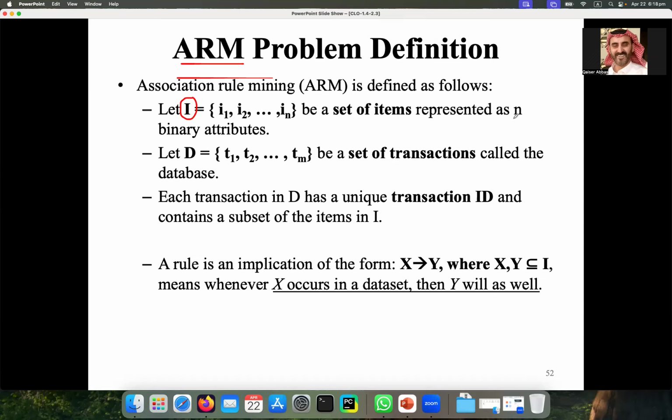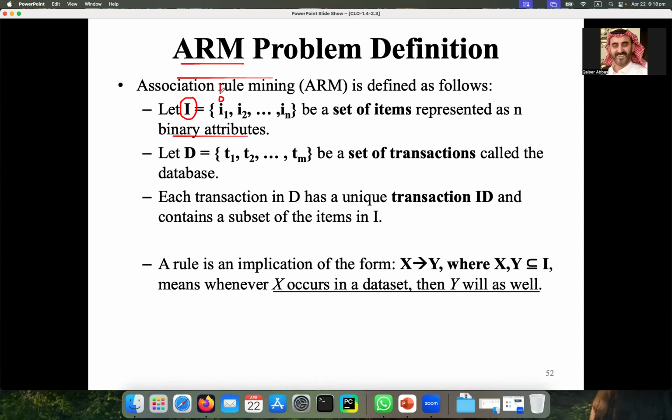It is represented by binary attributes, which means I can represent it with 0 or with 1. 0 means this product is absent and 1 means this product is present.